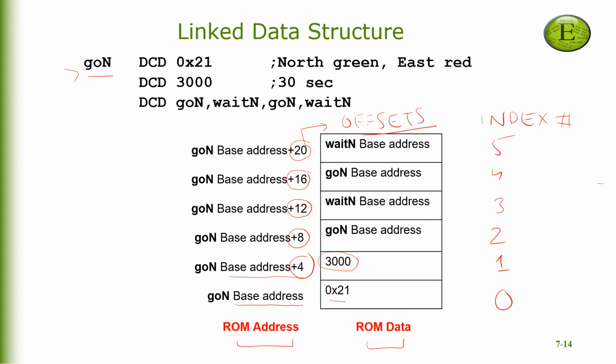So hex 21 is at index 0. It is located exactly at the base address of go n, and hex 21 represents the output. Remember, it is the output.